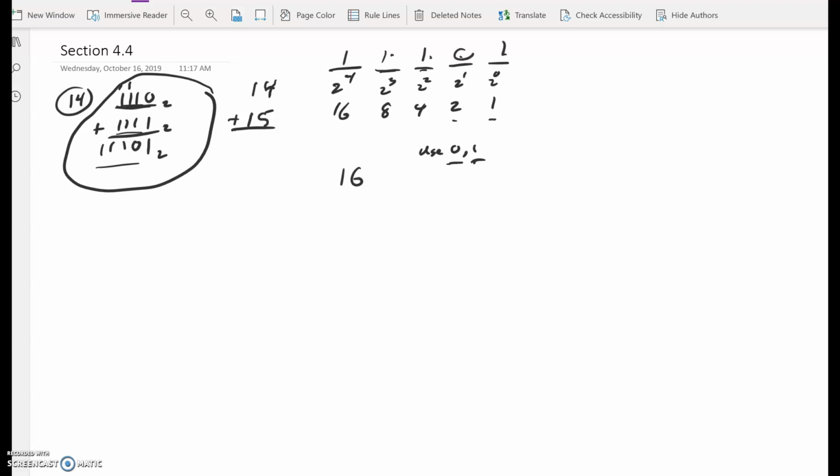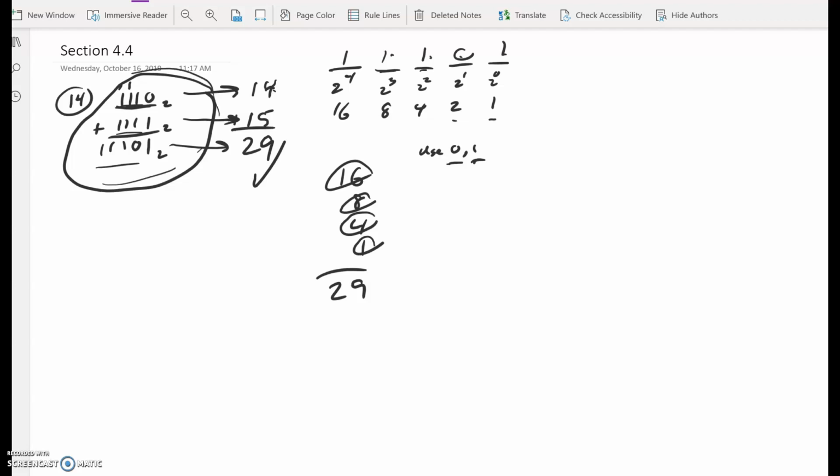Well, it's a 16 plus an 8 plus a 4 plus a 1. 4 and 16 is 20, 8 and 1 is 9, so this is 29. So this number is 29, this number is 15, this number is 14, and 14 plus 15 equals 29. So we've checked our work. On an exam, do this in the base that you're given, but then also convert them over to base 10 and check your work that way.